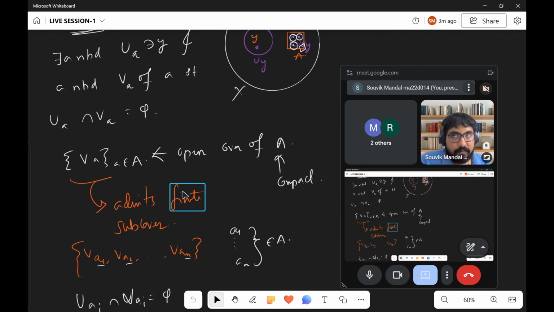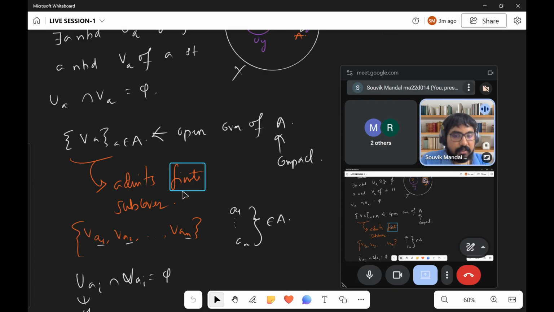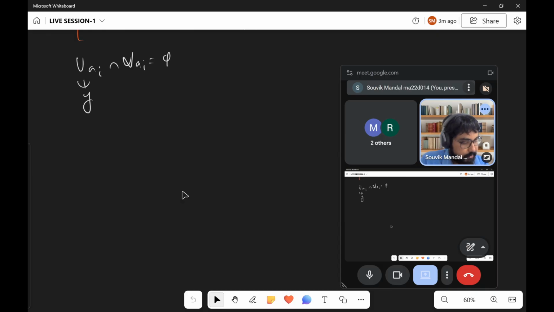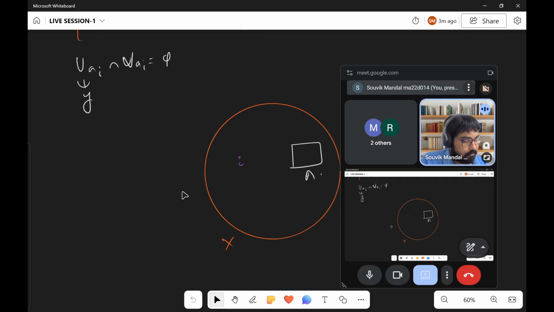Correct. So what we are getting in this situation is the following. We have some X, we have some A, we have some point little y, and for each point a in A we are getting an open set Va containing a, and an open set containing y, which is Uy, correct?